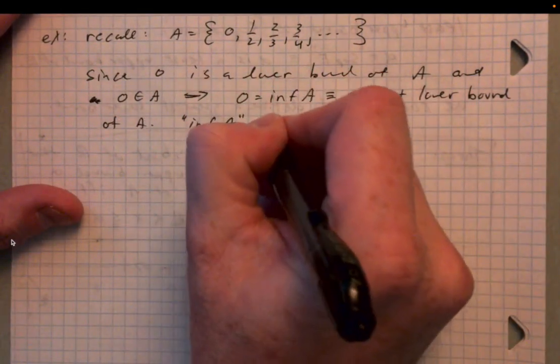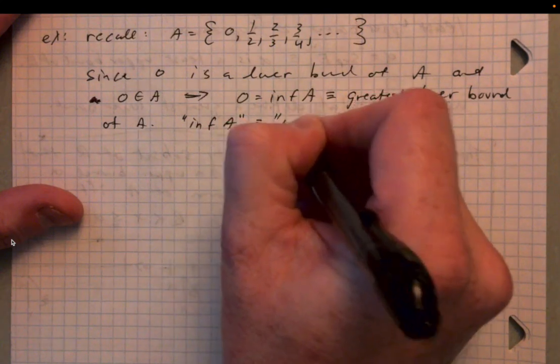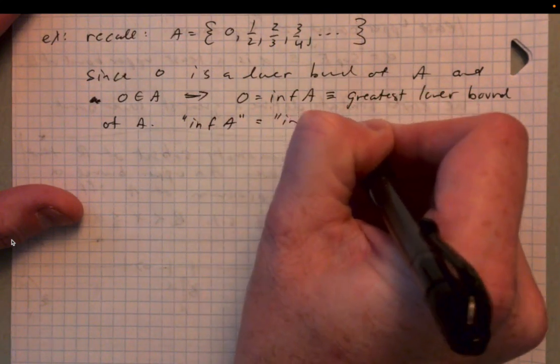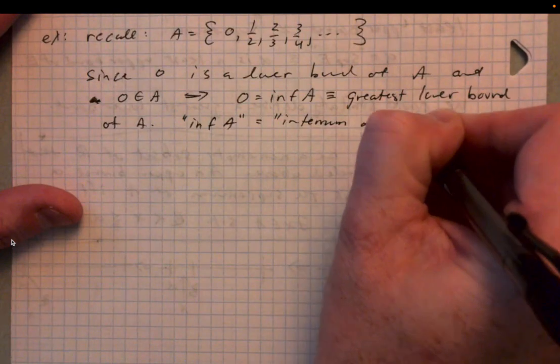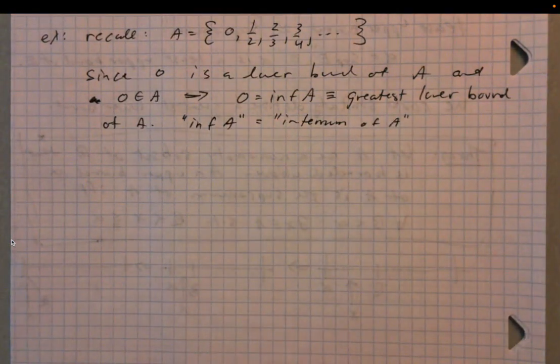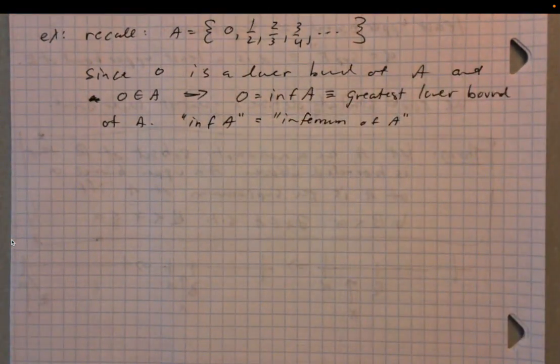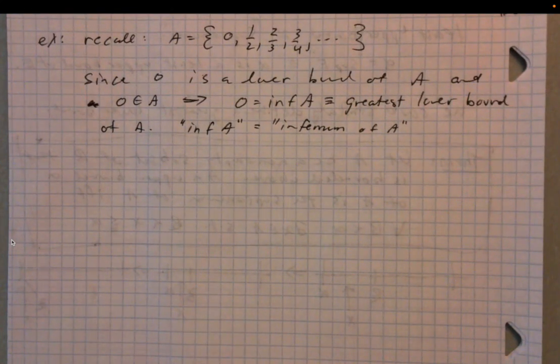The infimum of A. So you've got the supremum and the infimum. In the case of the infimum here, it's obvious that 0 must be the greatest lower bound. There's no element that's a lower bound that's greater than 0, right? 0 is the greatest lower bound.